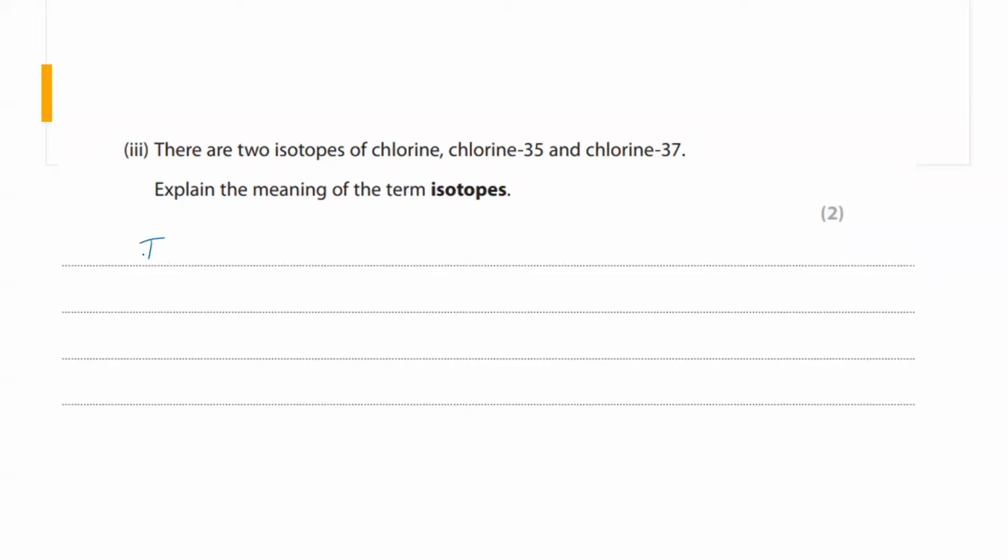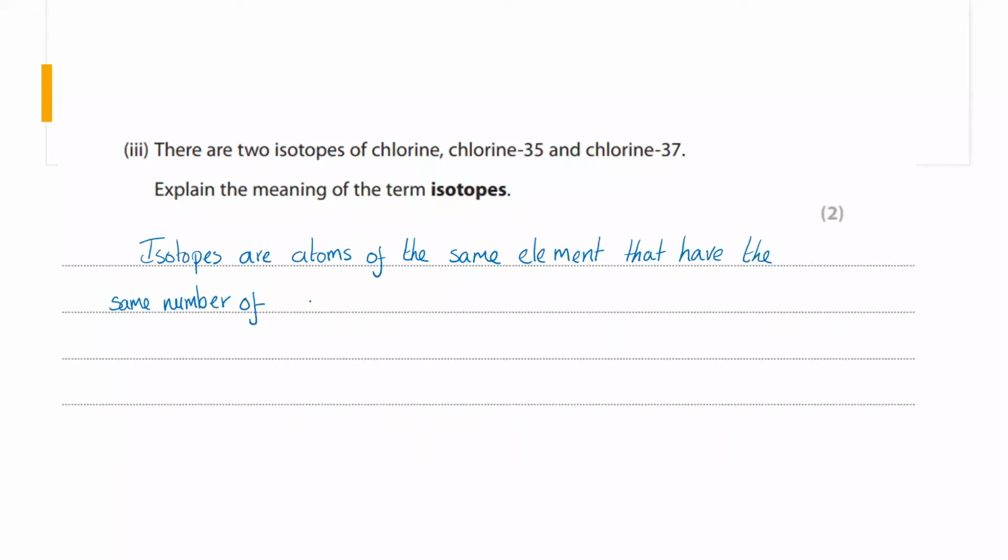Okay, so isotopes are atoms of the same element, so here it's chlorine, that have the same number of protons but different numbers of neutrons. Okay, so that's what an isotope is.